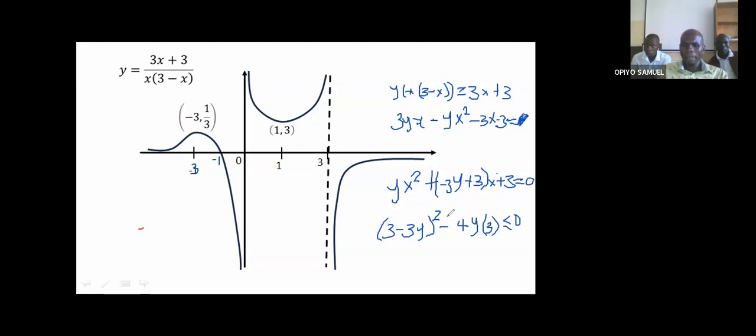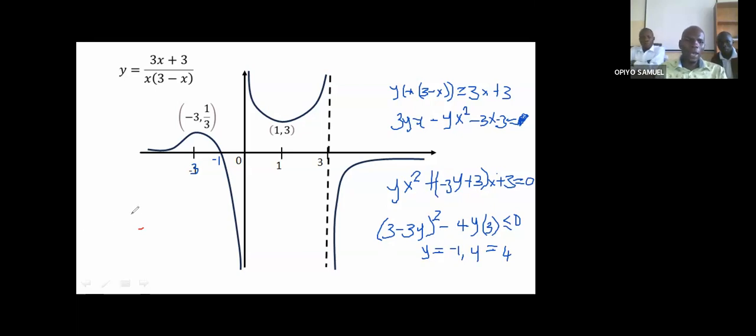When you solve for the value of y, for the interest of time, let me assume values out of this, assuming we have solved this and found that y equals maybe -1, and we also found that y is equal to probably 4, like this.